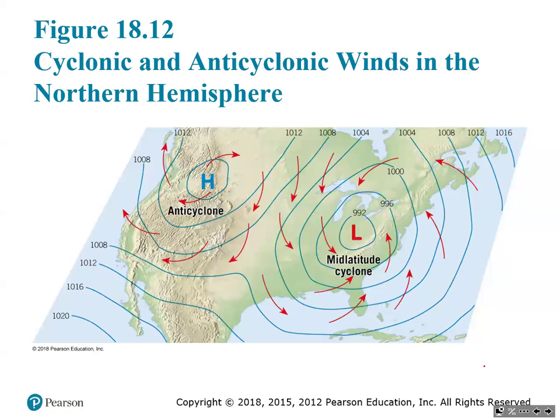In the northern hemisphere, cyclones, because the winds going inwards are deflected to the right, this causes the winds to spiral around the cyclone counterclockwise. So the winds will travel around a low pressure area counterclockwise.